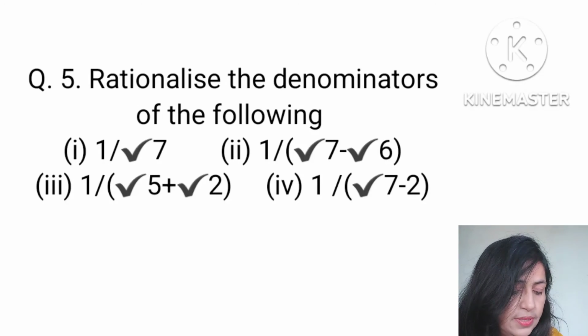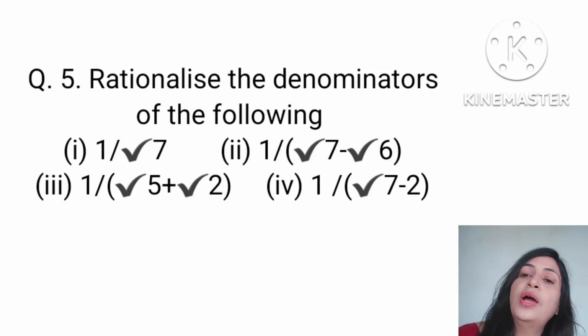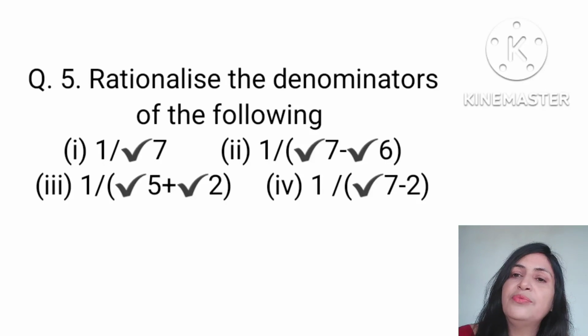And now 1 by (square root 7 minus 2). We multiply numerator and denominator by (square root 7 plus 2). Then we get (root 7 plus 2) by (root 7 square minus 2 square), which is 7 minus 4, that is 3.